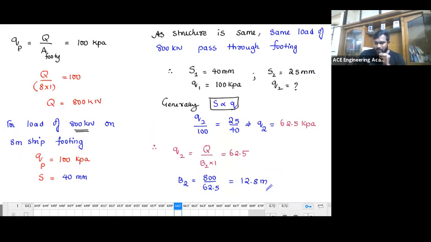Combined footing. What is meant by combined footing? Combined footing, you know, right? If you combine two or more columns, then you can get the combined footing. Not a problem in that. Okay, so now let's see.